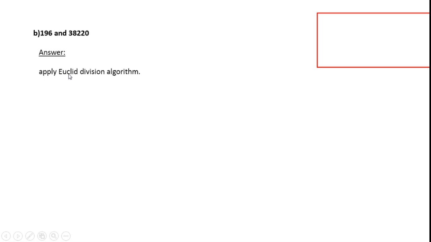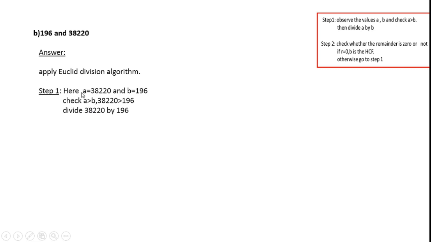Now we'll move to another example: 196 and 38,220. Apply the Euclid division algorithm. What is the algorithm? Observe the values A and B and check A greater than B. Here A equals 38,220 and B equals 196.